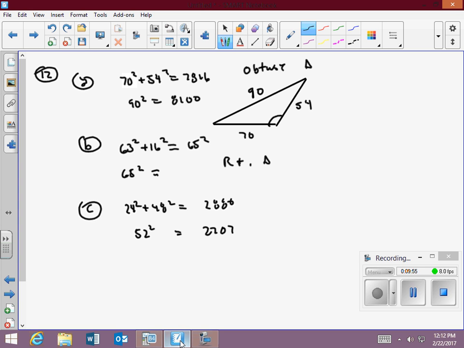And this makes this an acute triangle. So that's going to be the difference in how you evaluate those.